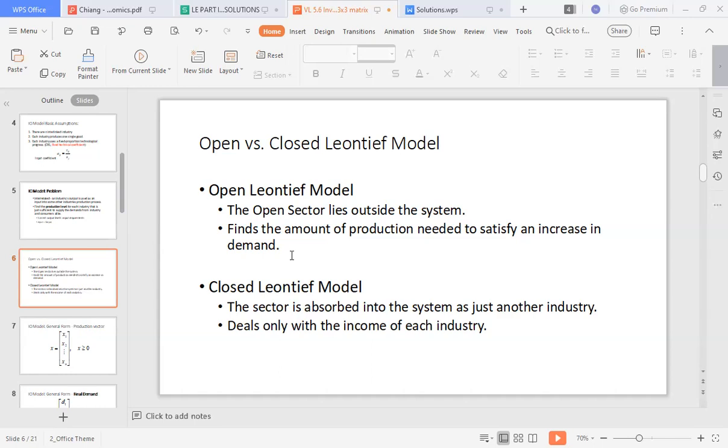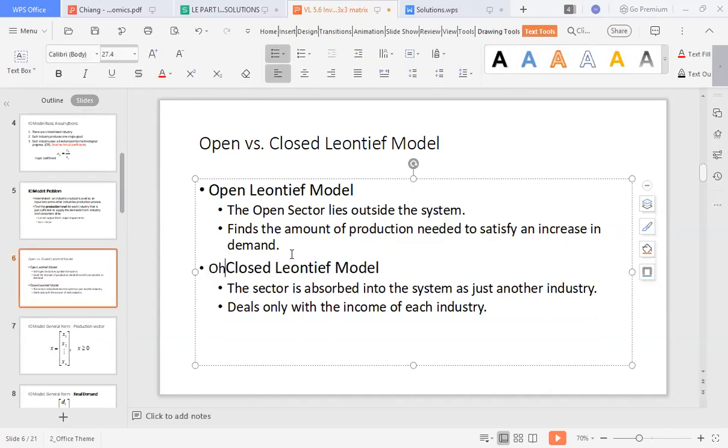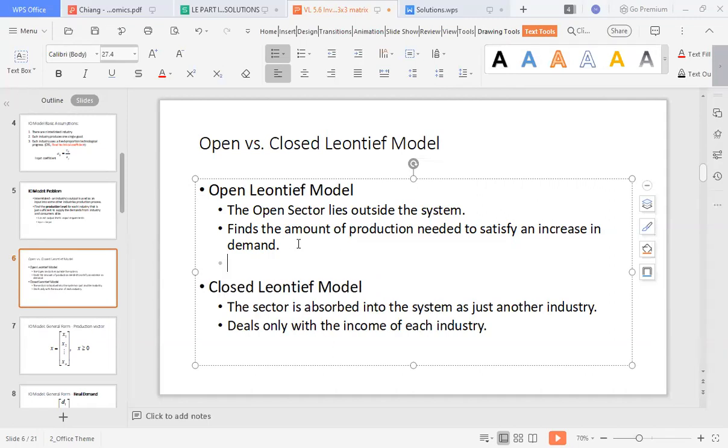Now, later on, class, you will also know that in the open Leontief model, we have other sources in order to produce an output. Okay, so these other sources might not be coming from the input produced in agriculture, manufacturing, or services. It could be labor or capital. Okay, but then again, these are exogenous to the model.